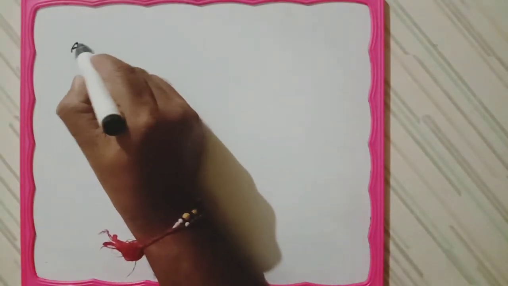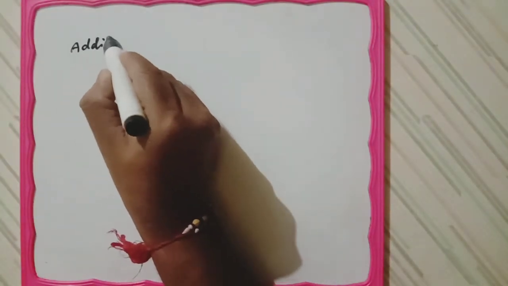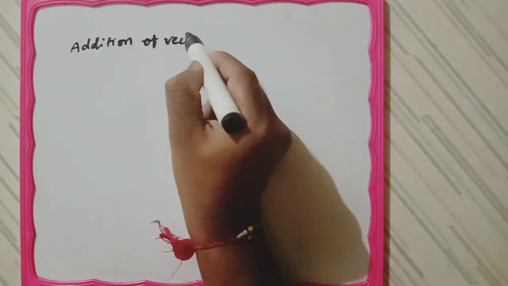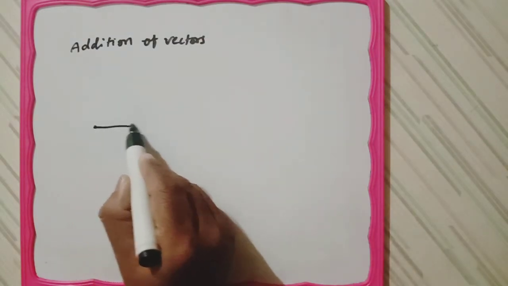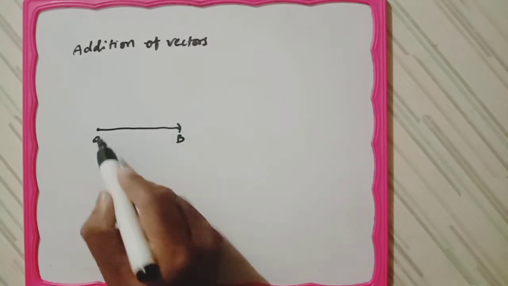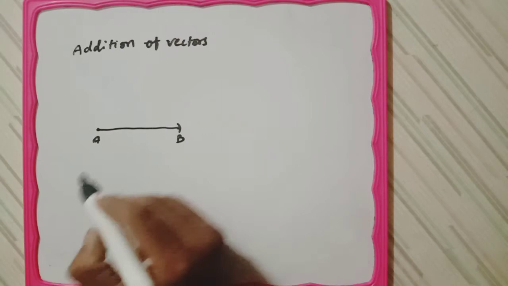Hello friends, today we will see the addition of vectors. Suppose a vector initiates from A and ends at B, that is vector AB.